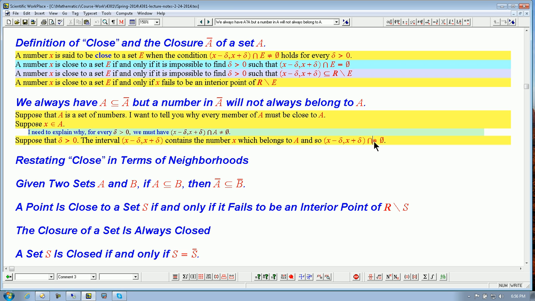Therefore I know that the set is non-empty. It's actually a very simple proof, but I used it as a case study in the writing. If you get the writing correct, you will be able to do the mathematics.